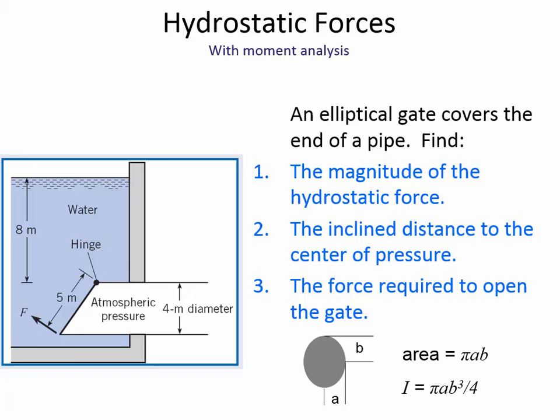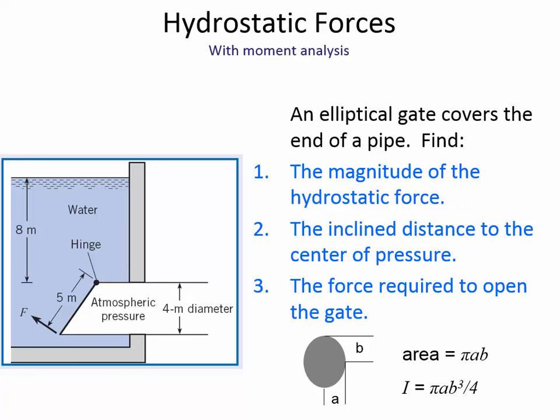The 4 meter diameter is going to tell us the width of the ellipse, because here A is from the center to the edge, so 2A gives us 4 meters. And if you've got a triangle that is 5 meters on one edge and 4 meters on the other, what do we know about the remaining? 3, right. So this is a 3, 4, 5 triangle.